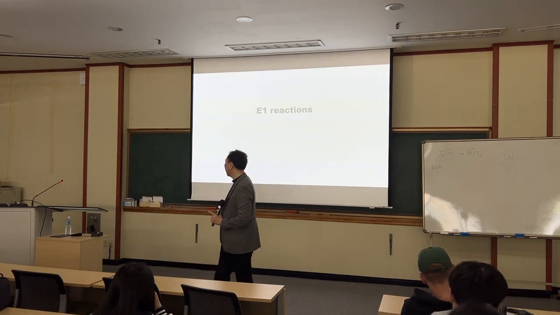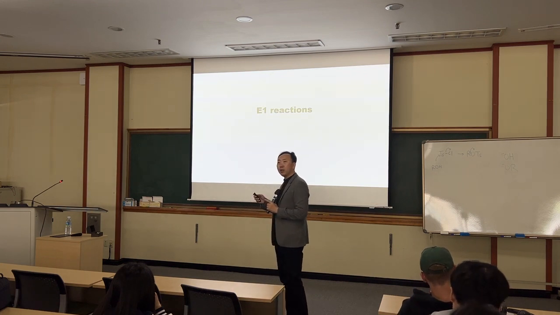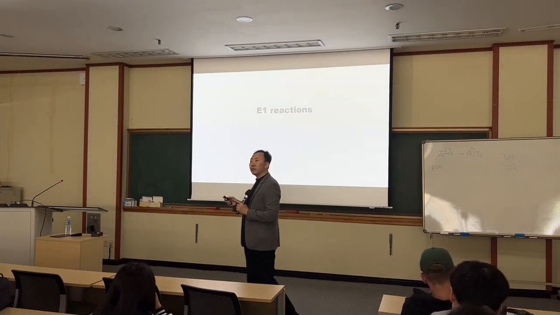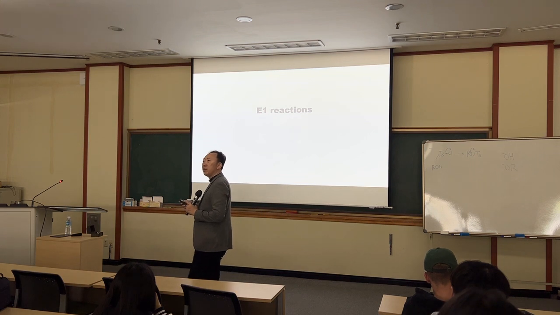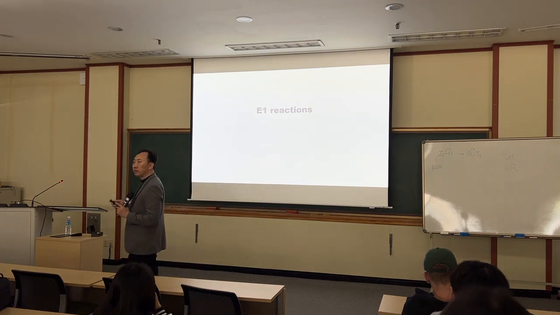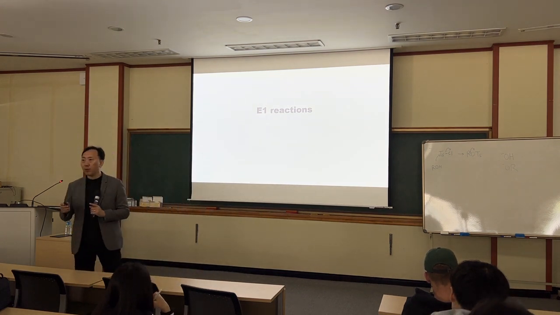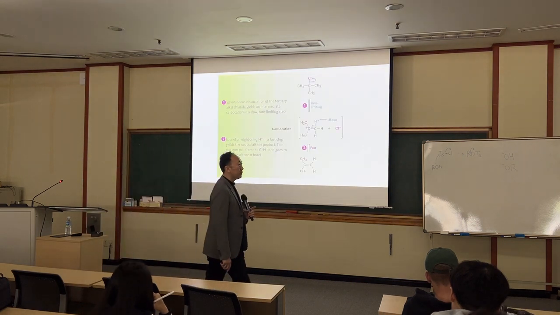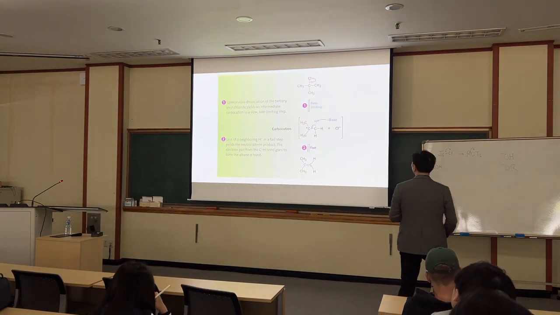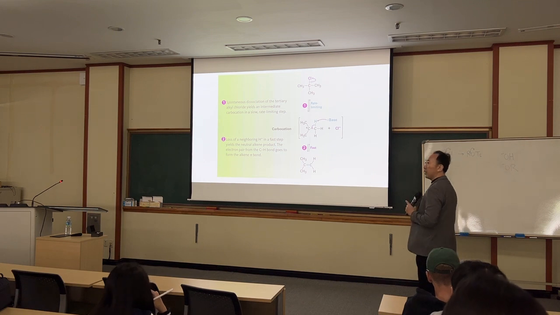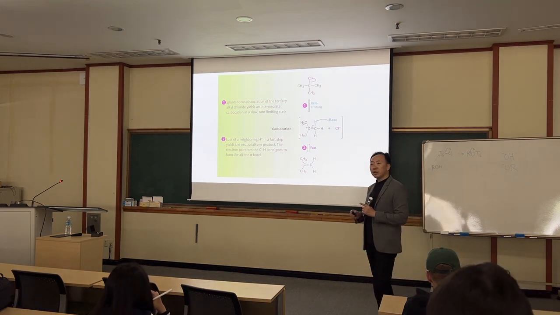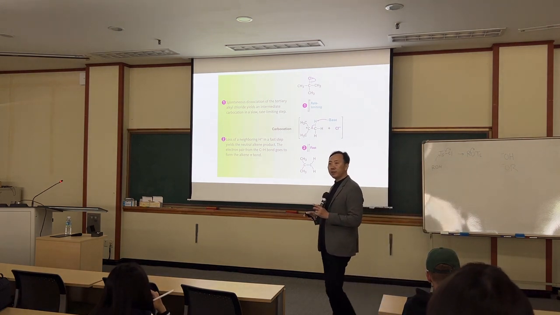Now the E1 reaction: what do you need to have for E1? What intermediate do you need to have? A carbocation intermediate should be formed, similar to SN1. So in SN1, we have seen this kind of case. Tertiary is preferred because the tertiary carbocation is stabilized.